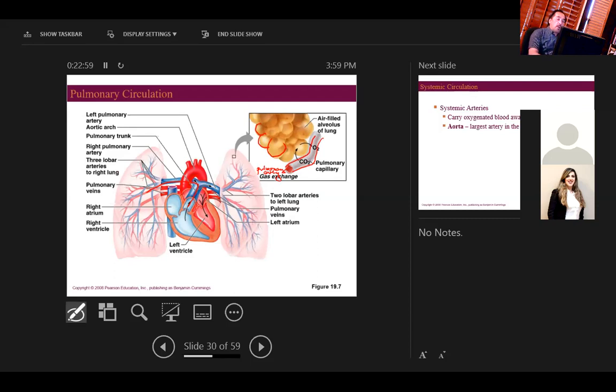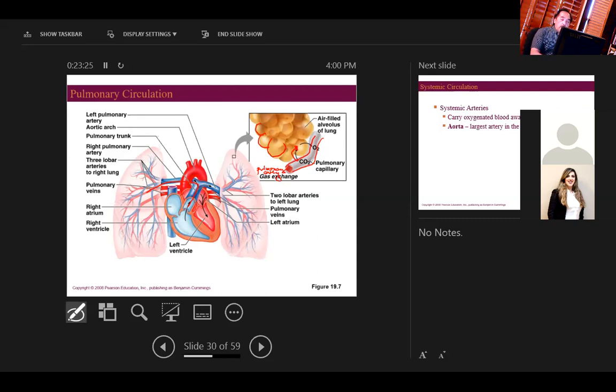Once they go into the alveoli, the carbon dioxide can just diffuse out through the endothelial cells that line the capillary, and then it diffuses into the simple squamous epithelium of the alveoli, because they're so thin. The carbon dioxide now goes into that sac, and then you exhale it. As soon as you inhale, you take in oxygen.